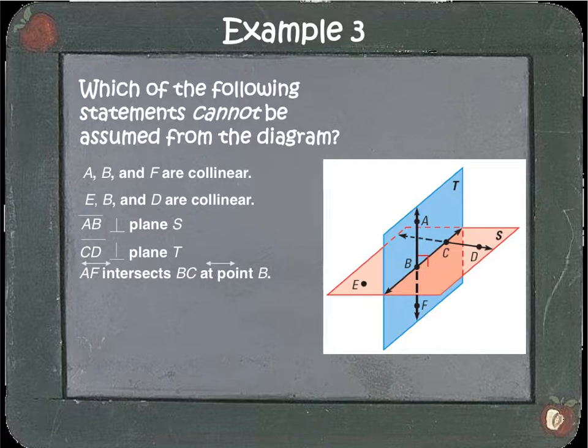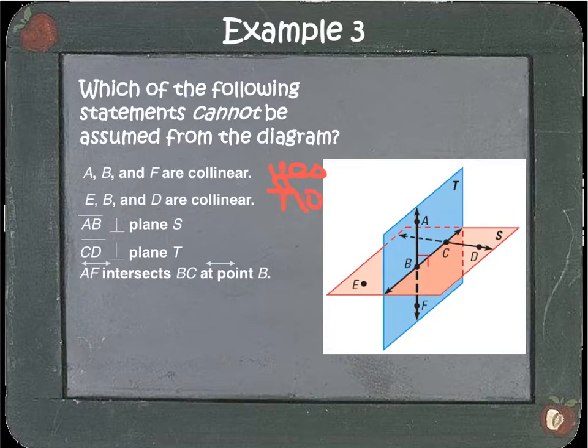They are on the same line, so yes, we can assume that they are collinear. Okay, next. E, B, and D, are they collinear? No. There's not a line drawn through them. It looks like it, but again, we're not going to assume anything. So we're going to say no here.